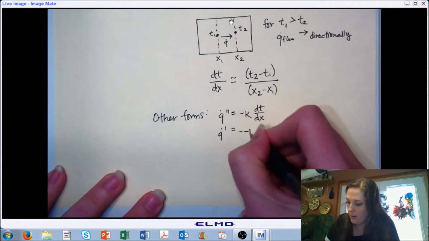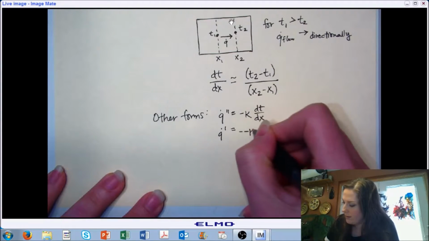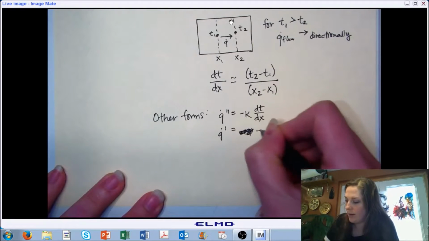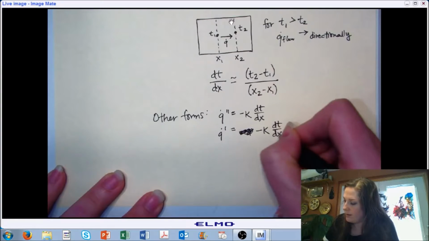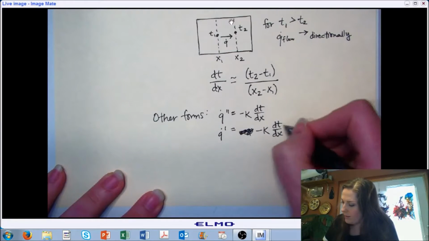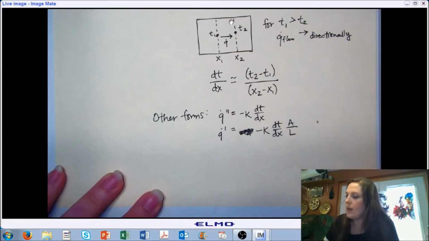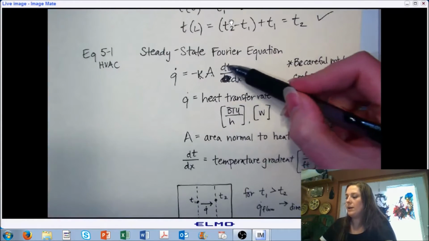Okay, so let's see. There's a talking while writing thing. Let me just scribble that out. Okay, negative k dT/dx times A over L. So up above we had k times area dT/dx.